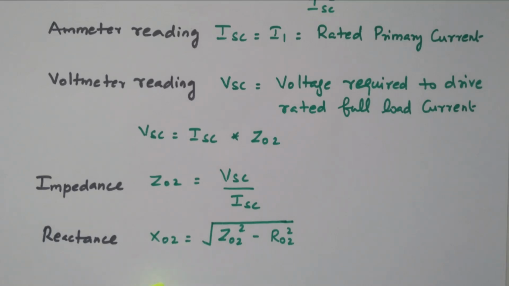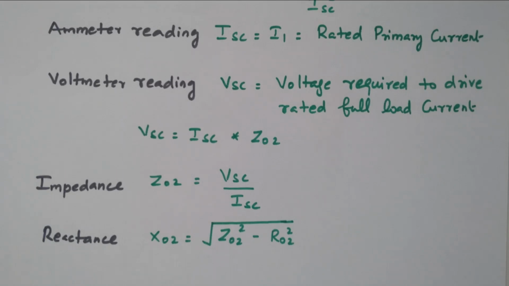So in this we have the ammeter, voltmeter and wattmeter available. The wattmeter refers to the copper loss. The input power given to the transformer is assumed to be equivalent to the copper loss, because the iron loss is neglected because of low voltage. Because of high current, we consider only the copper loss. The ammeter reads the short circuit current, because we are applying the rated current.